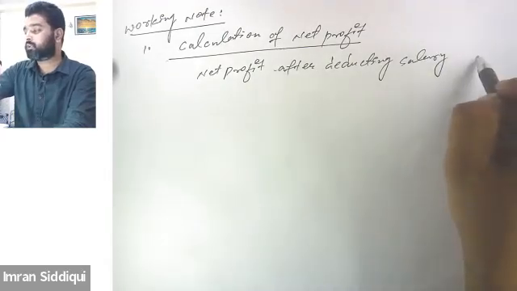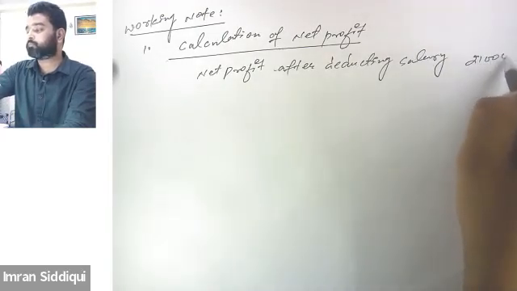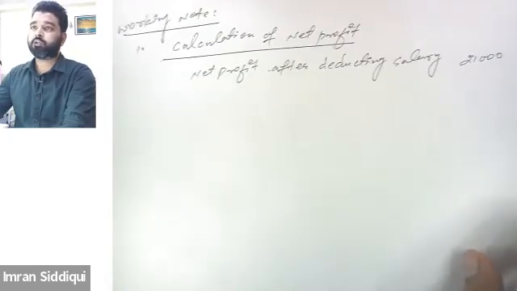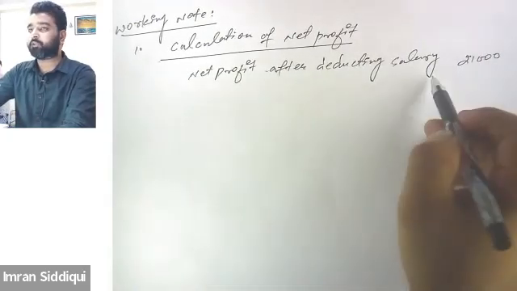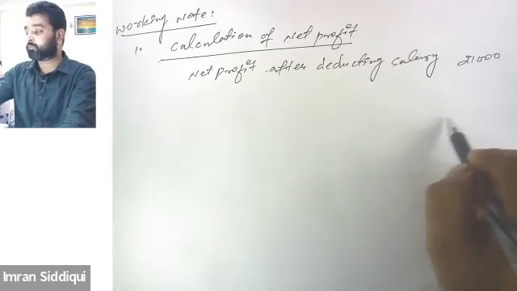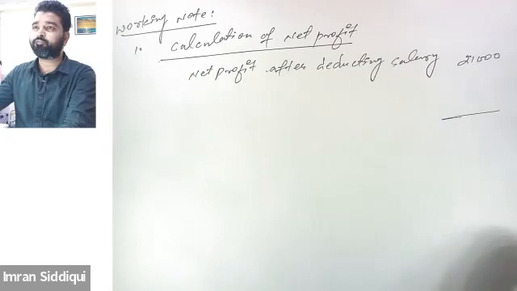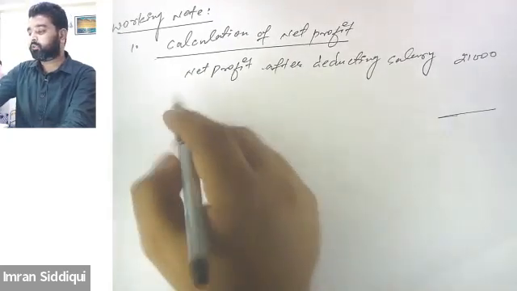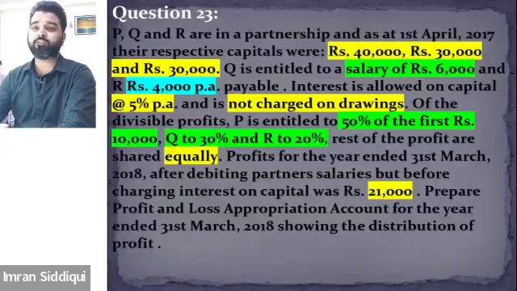How much is it? 21,000. This is given in the question. This profit is given after deducting the salary, but we need the profit before deduction of the salary. So tell me what is the salary of the partners?